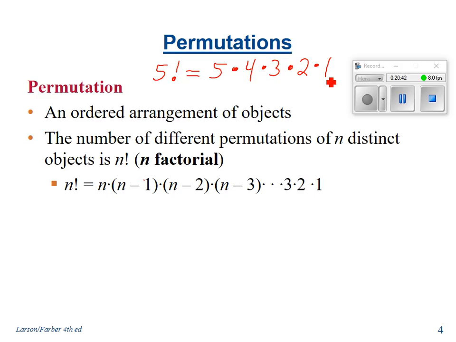So you multiply it all out, all the way down to 1. So 15 factorial means 15 times 14 times 13 times 12 times 11 times 10 times 9, all the way down to 1.